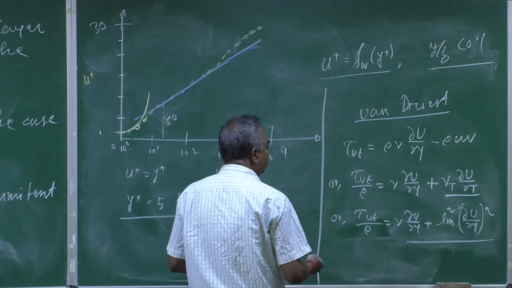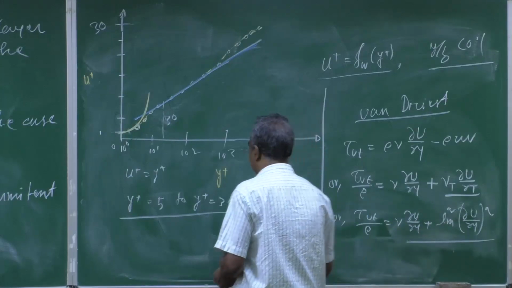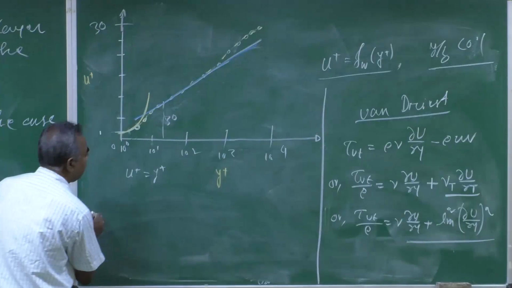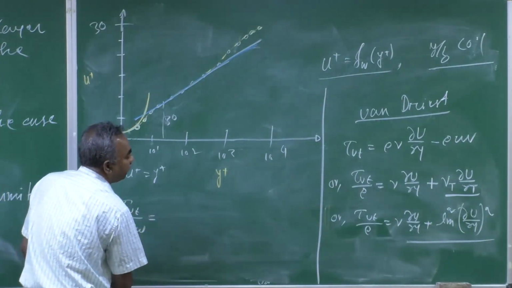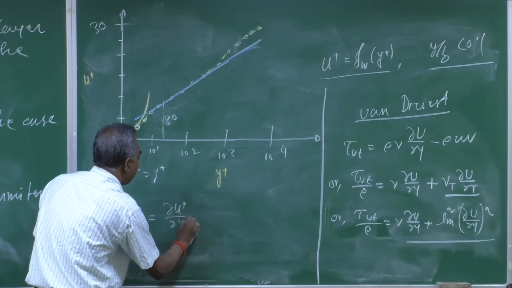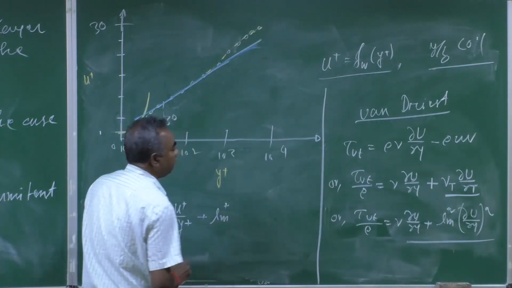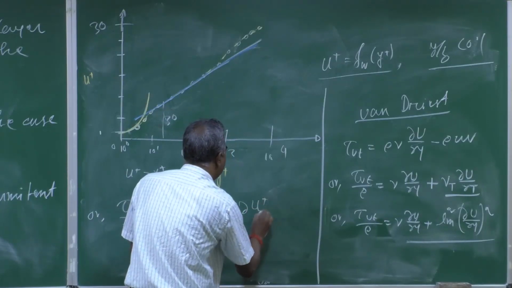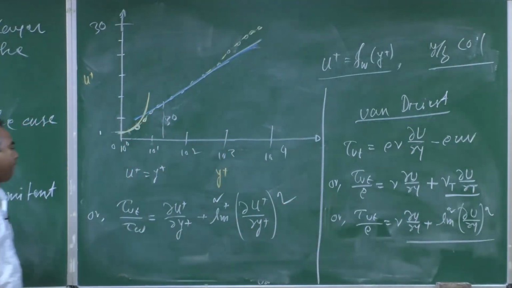So, if you use the inner variable for normalization of this particular relation, then we can write this relation as tau v t by tau w equals del u plus del y plus, okay, plus L m plus square into del u plus del y plus whole square, okay.